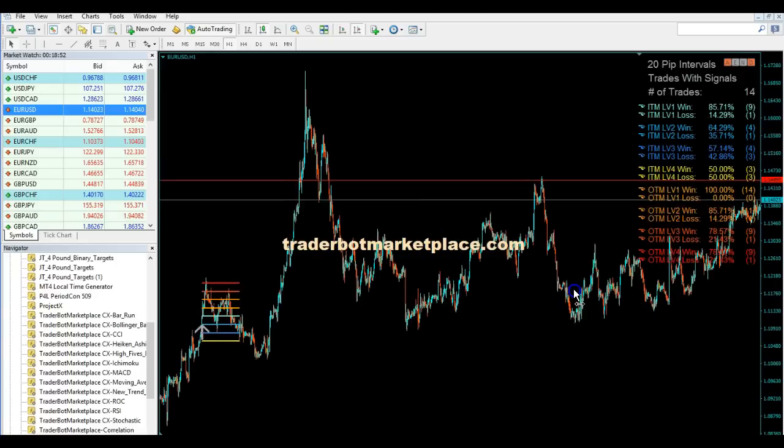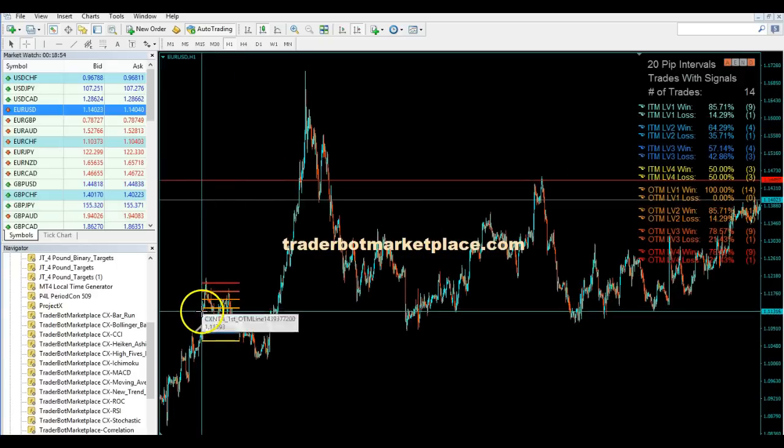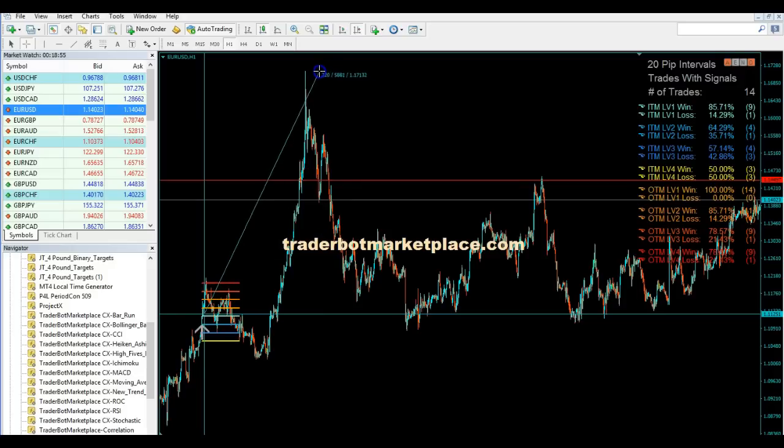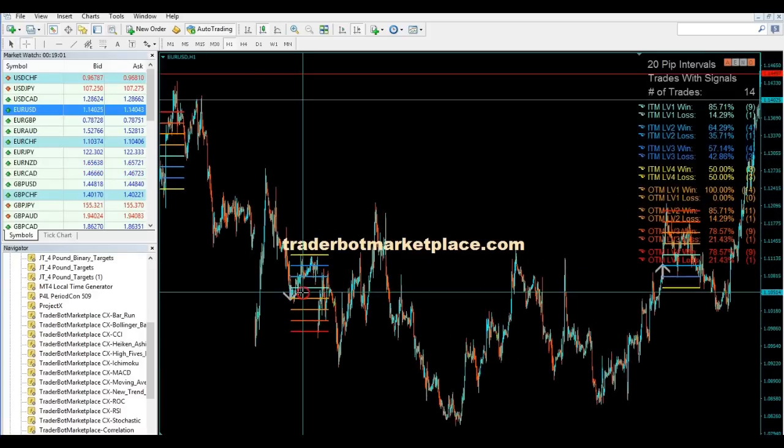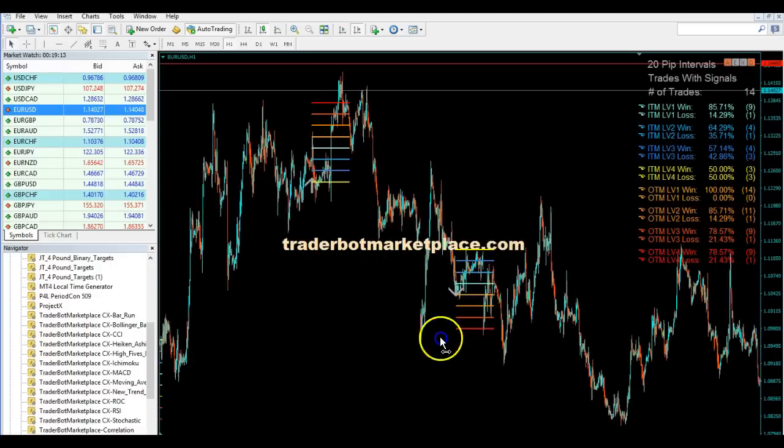Sometimes trends are just massive. 500 and almost 600 pips. Well, you got stopped out here, but if you're hedging with a binary or something, maybe you can take care of some of those stop outs, but they work. They work.